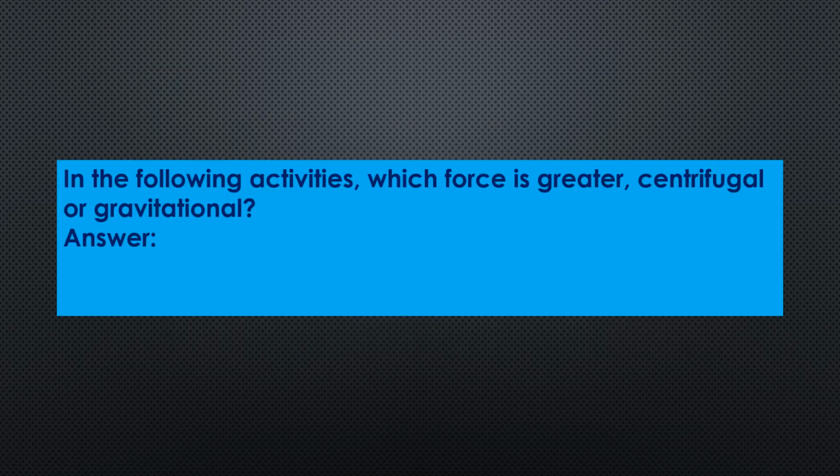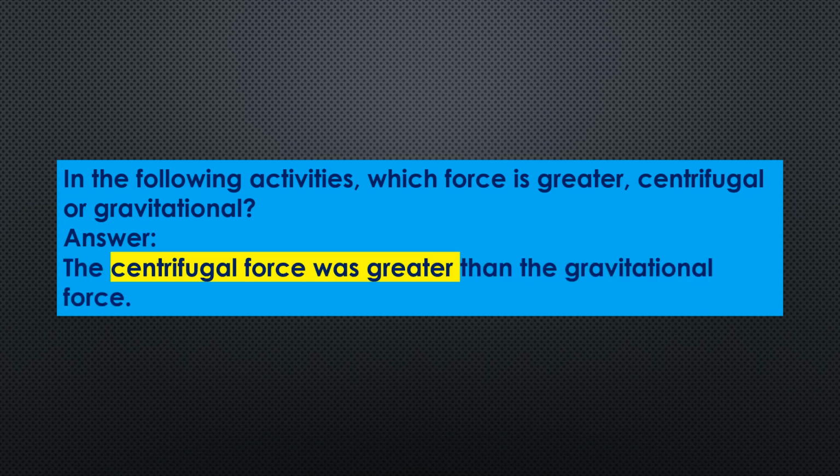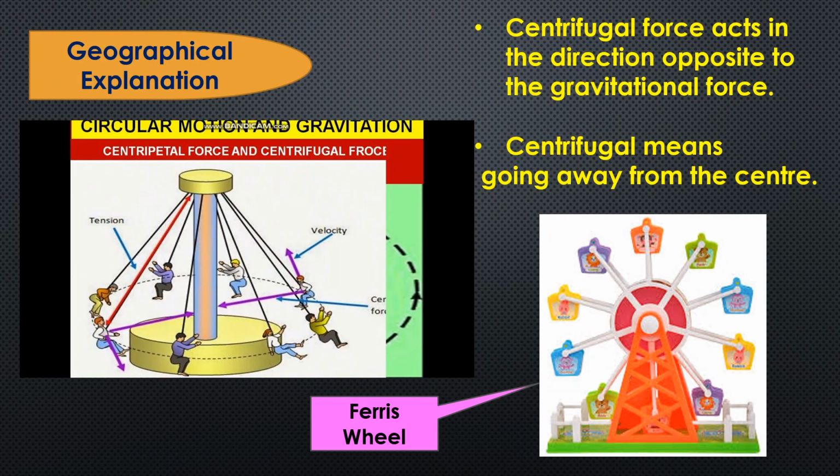In all of the above activities, which force is greater, the centrifugal or the gravitational? The centrifugal force was greater than the gravitational force. The centrifugal force acts in the direction opposite to the gravitational force.